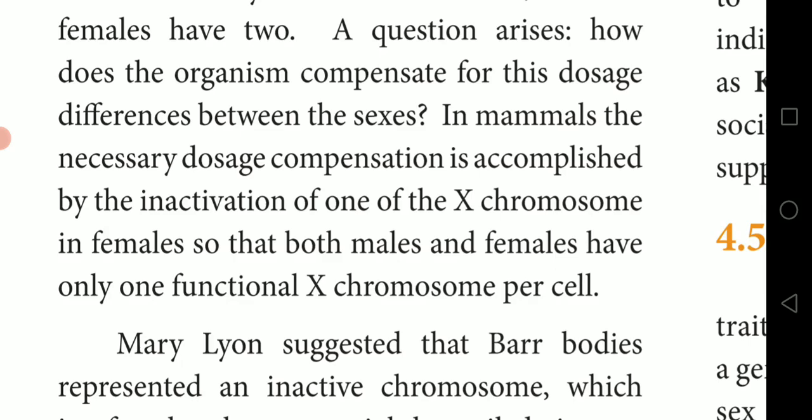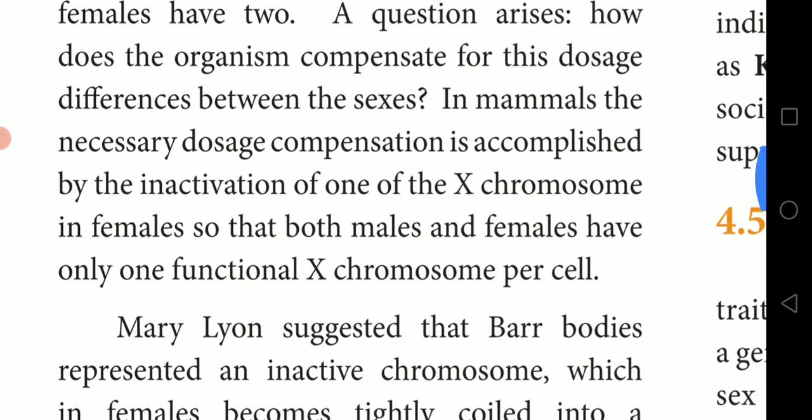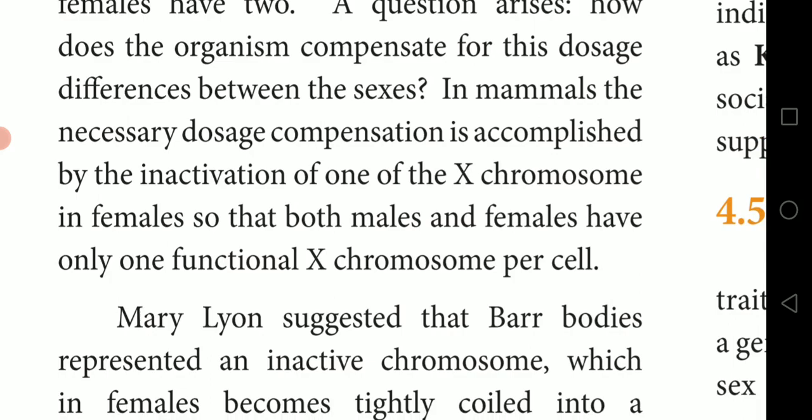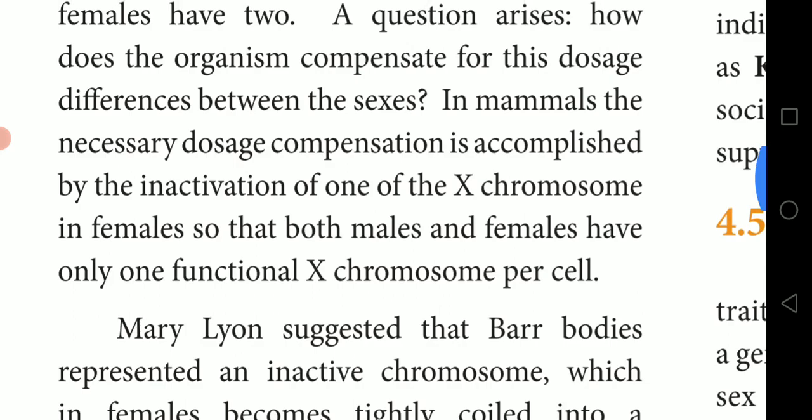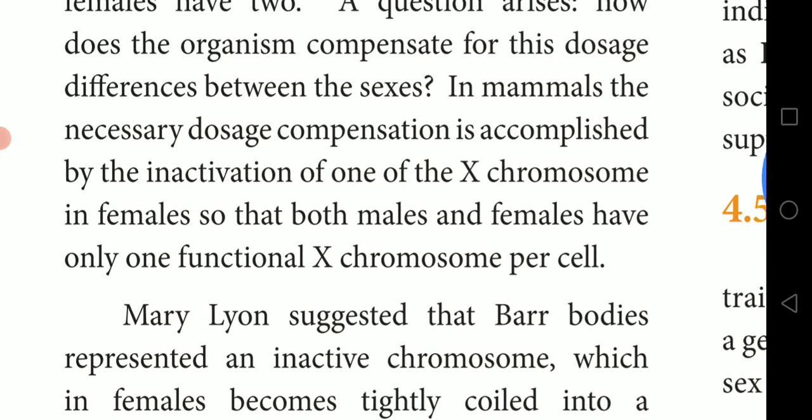In mammals, the necessary dosage compensation is accomplished by the inactivation of one X chromosome out of two in the female, so that both male and female have only one functional X chromosome per cell.